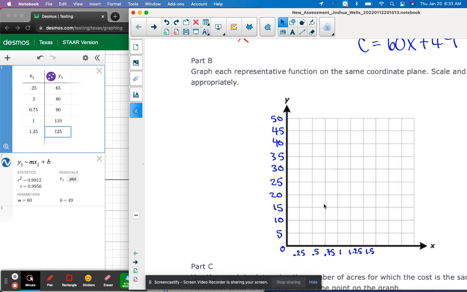And you can keep labeling the graph if you would like, but we are not going to use that.